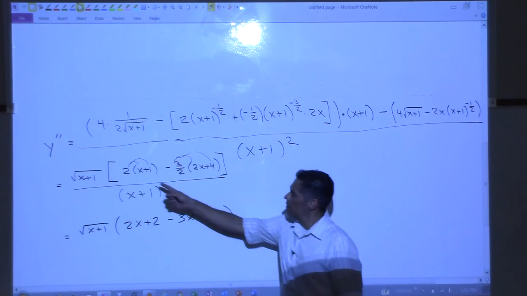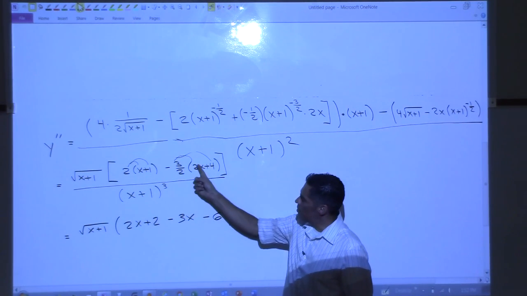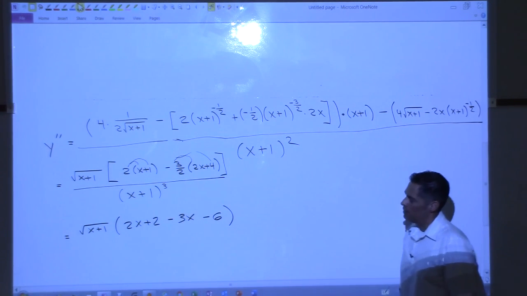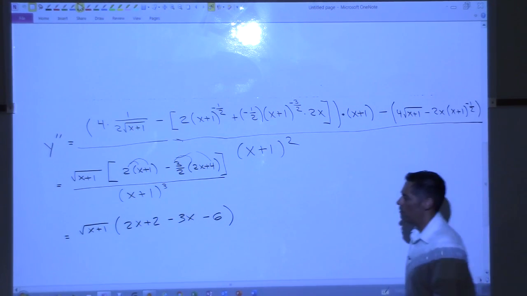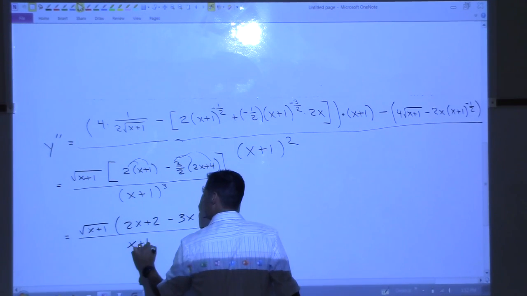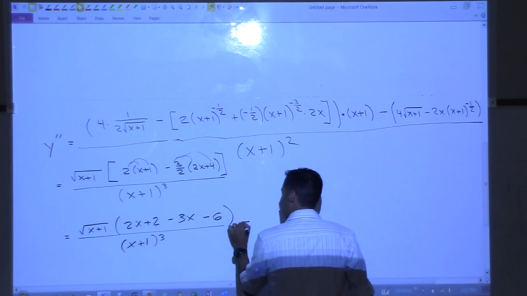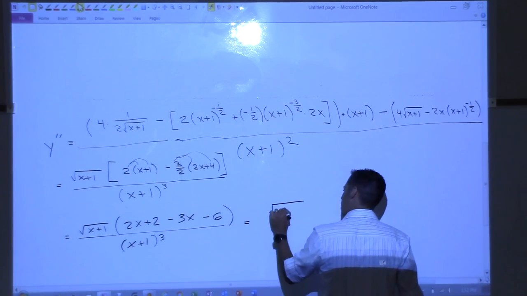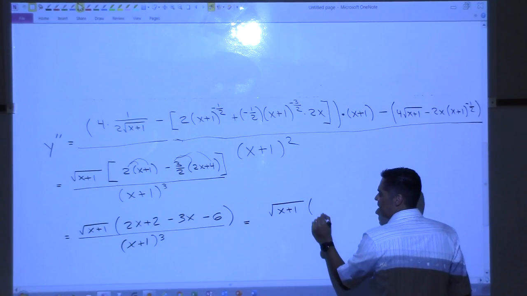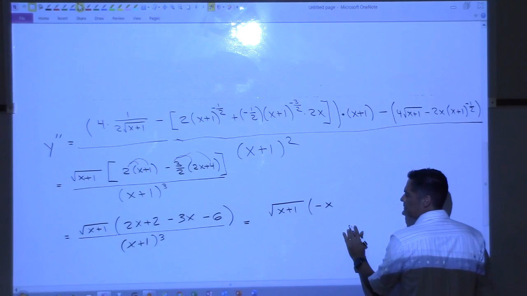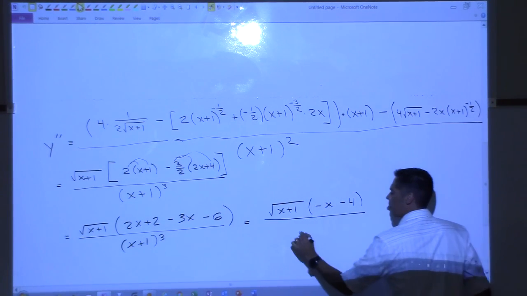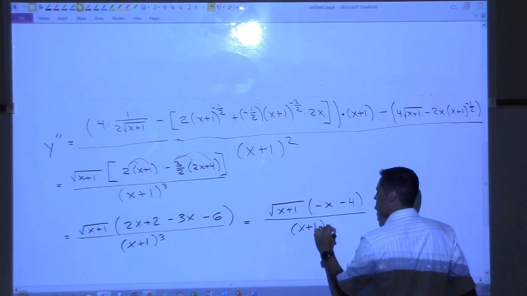That's what we get here. 2x plus 2, and then distribute through here, it's negative 3x. Distribute here to here, we should get negative 6. And then all of that over x plus 1 cubed. Almost there. Square root of x plus 1 times negative x minus 4 over x plus 1 to the 3rd power.